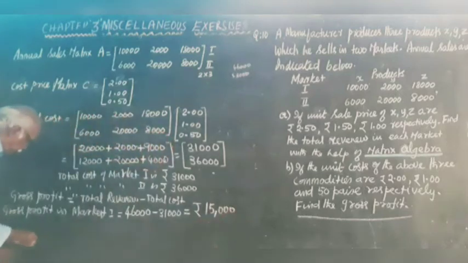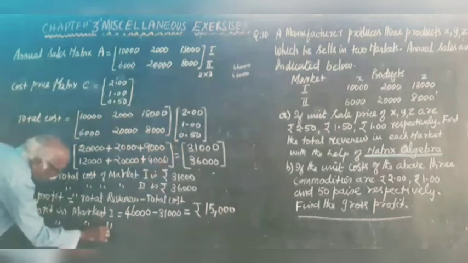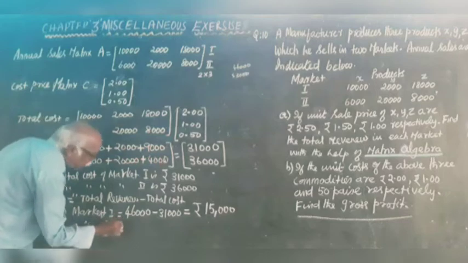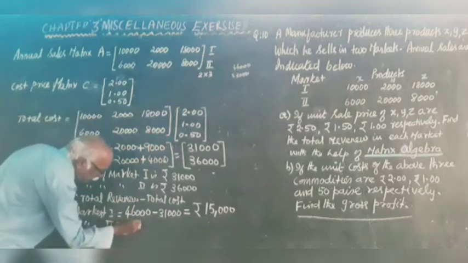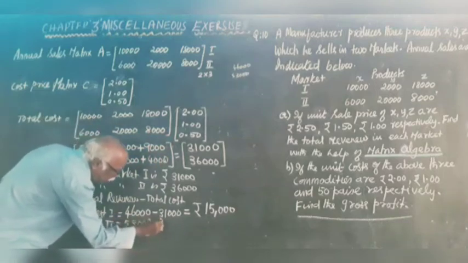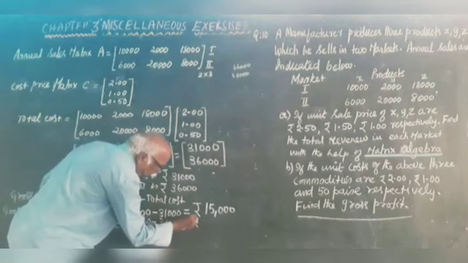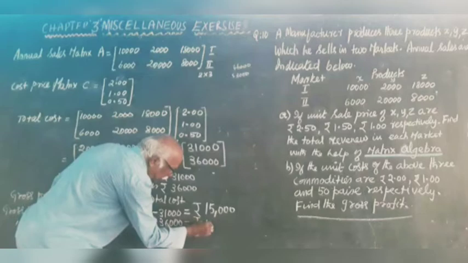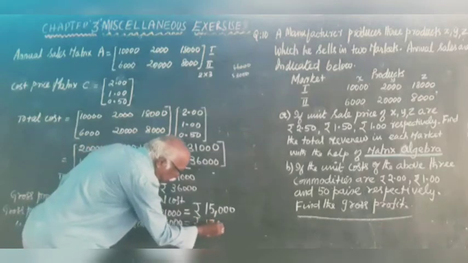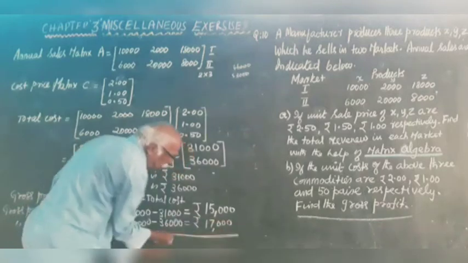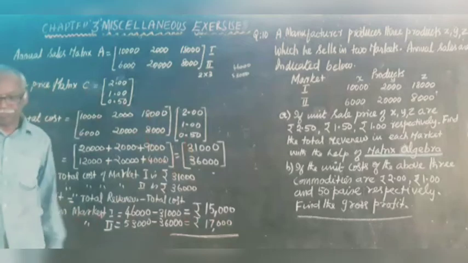Then gross profit in market 2 is 53,000 minus 36,000 is equal to rupees 17,000. That's all the answer.